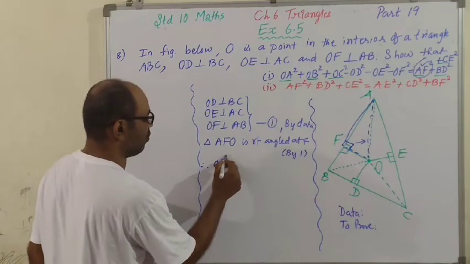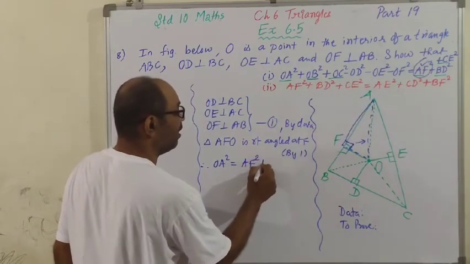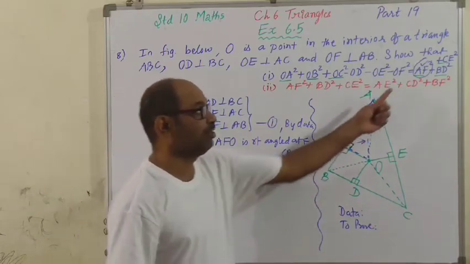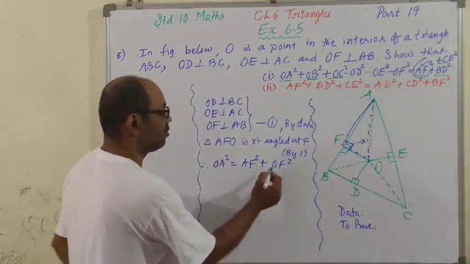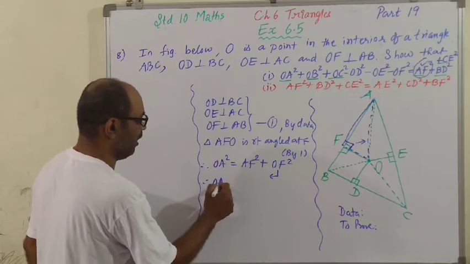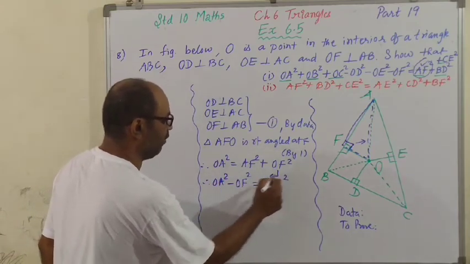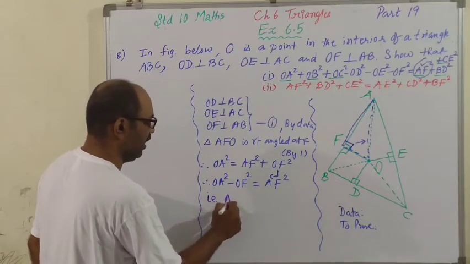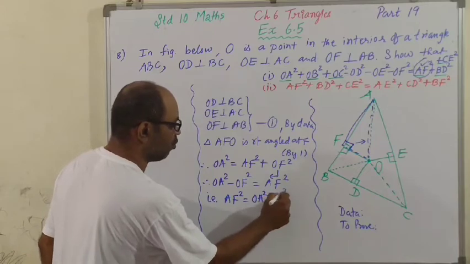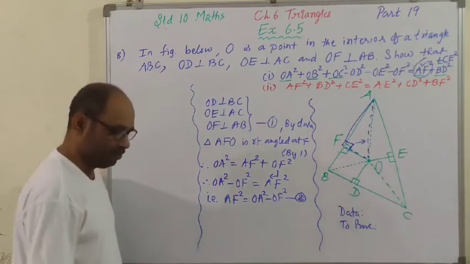So OA square is equal to AF square plus OF square. But I want AF square. So keep AF square alone. Therefore, OA square minus OF square is equal to AF square, i.e., AF square is equal to OA square minus OF square. This is result number 2.